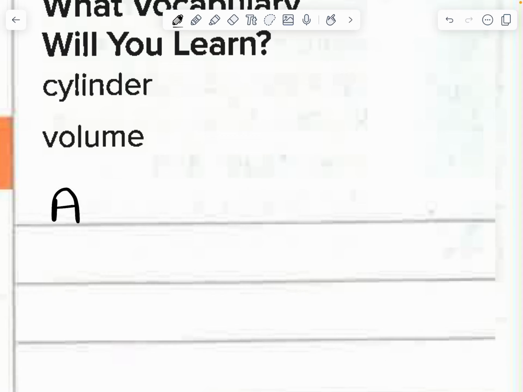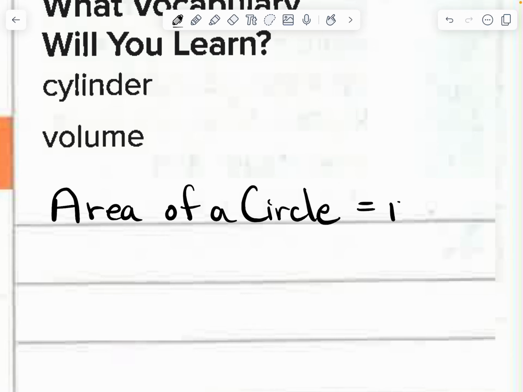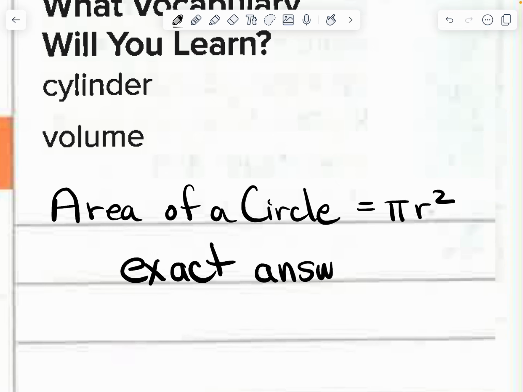So the area of a circle is equal to pi r squared. Okay? And most of the time, if they're talking about an exact answer, you're going to have pi still in the answer.